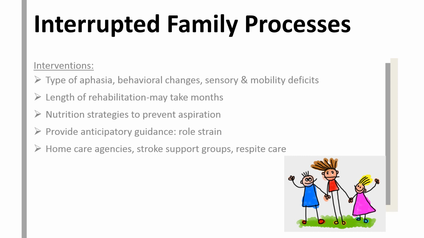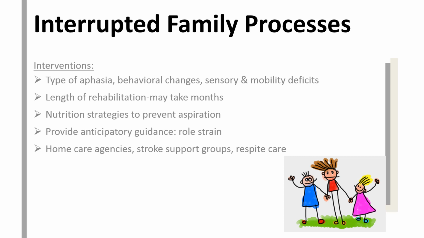Interrupted family processes. So a CVA can cause significant challenges for the family and caregiver. We want to educate the family caregiver that stroke is considered a family disease because of its effects on all members of the family. Clients may have aphasia, behavioral changes, sensory and mobility deficits.